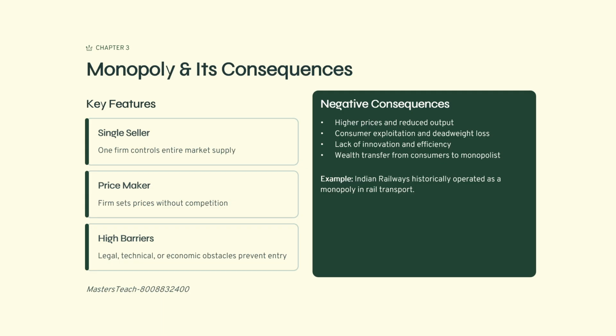These are monopoly and its consequences. What are the negative consequences of monopoly? Higher prices and reduced output, consumer exploitation and deadweight loss, lack of innovation and efficiency, and wealth transfer from consumer to the monopolist. For example, Indian Railways, which is not privatized, is a monopoly related to the government. You have tried this.